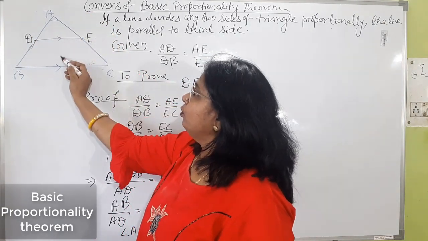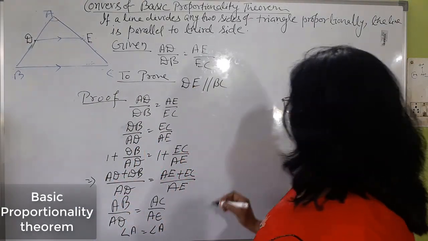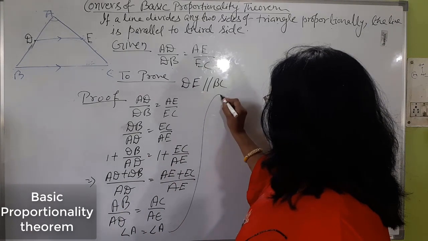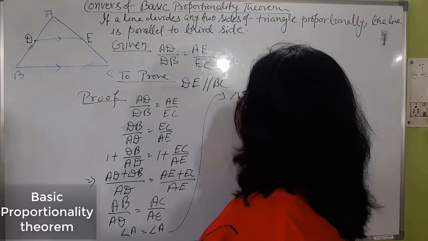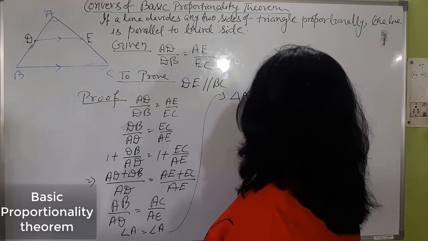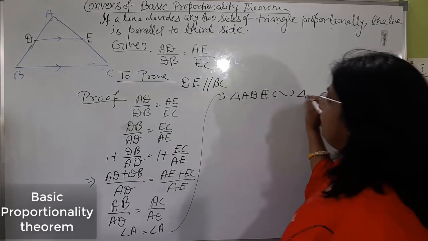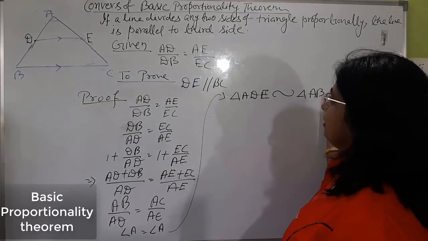That's why both triangles are similar to each other. So we can write triangle ADE is similar to triangle ABC.